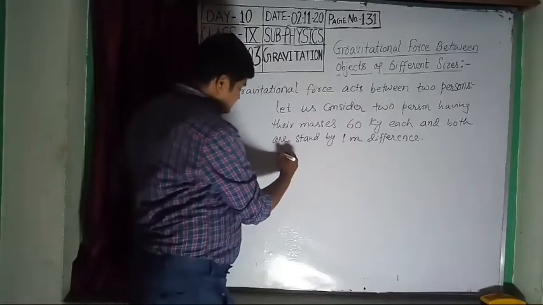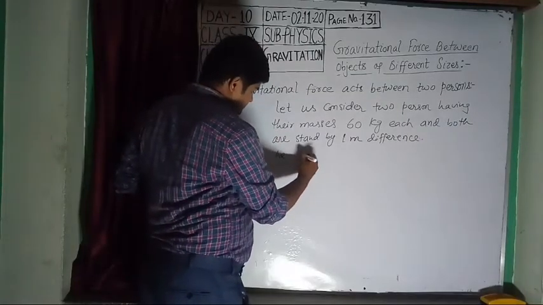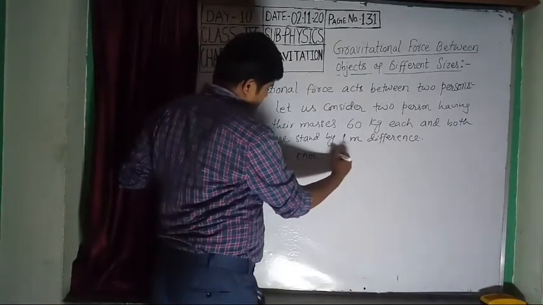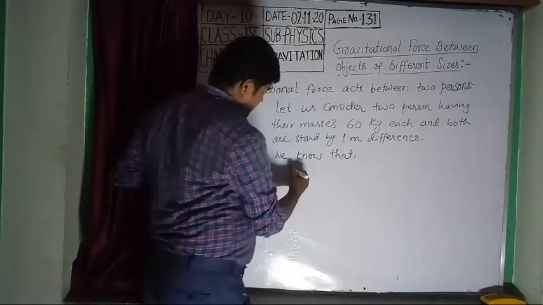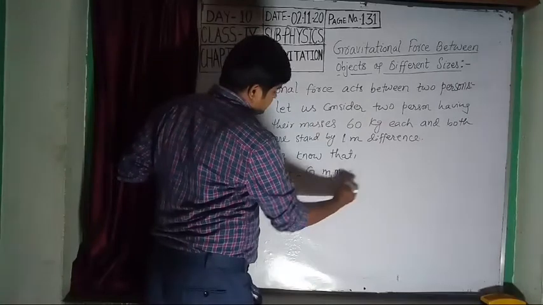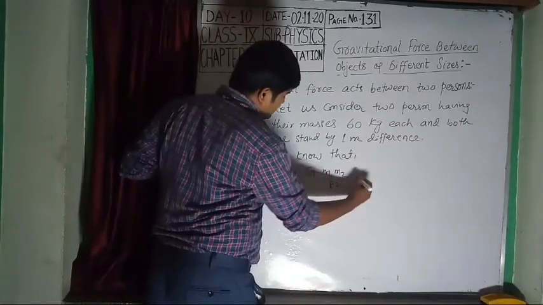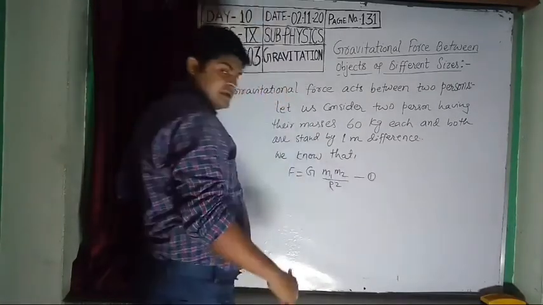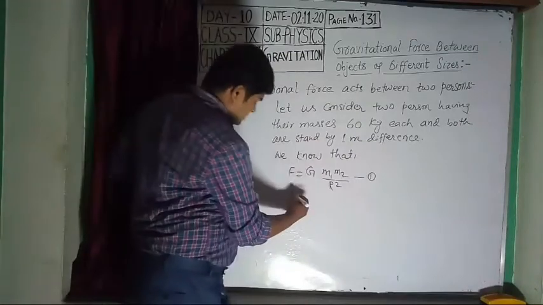So we know that F is equal to G m1 m2 by r square. This is equation 1. Now collect the data.